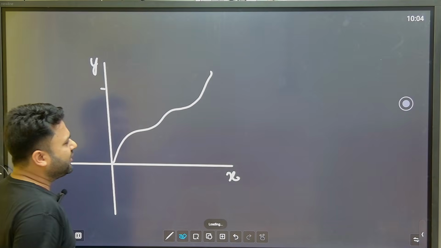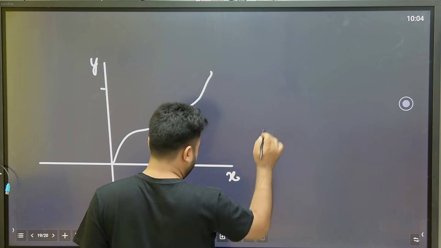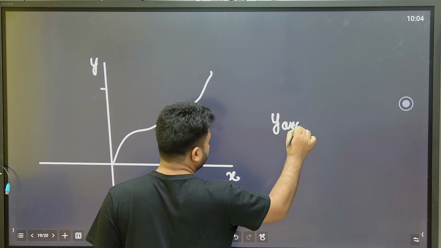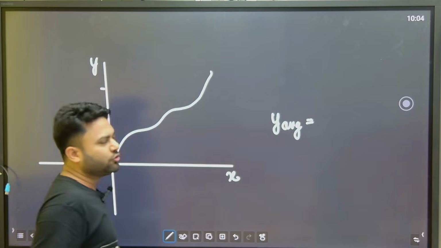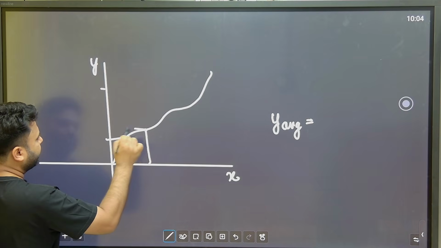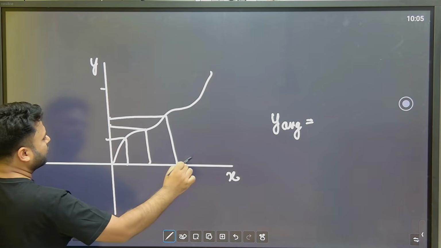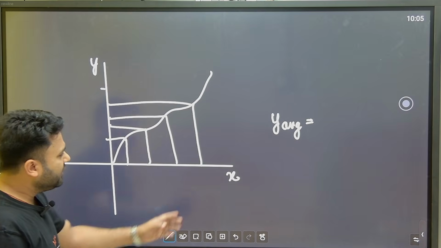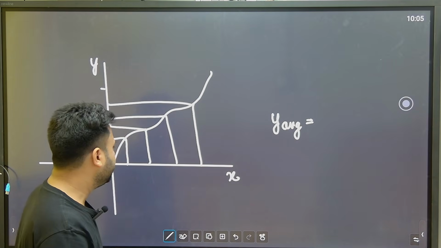So they asked, what will be the average value of y? Throughout the journey, as we change x, we also get different y values. So what will be the average value of y?